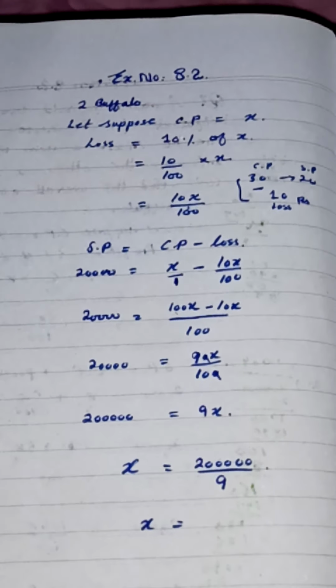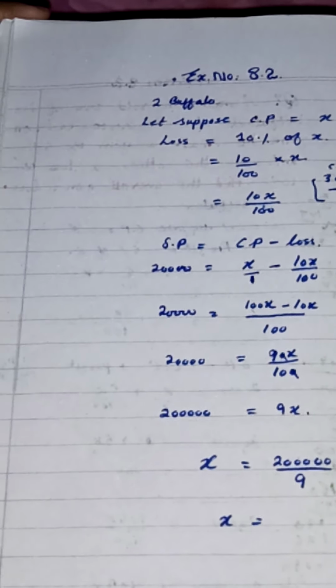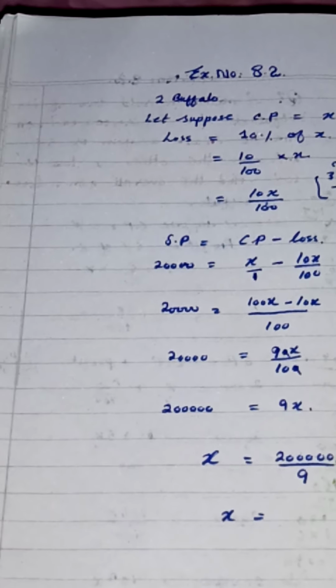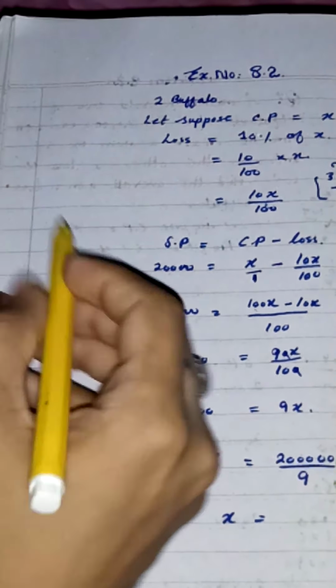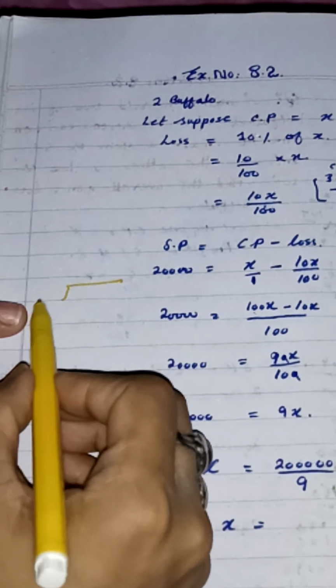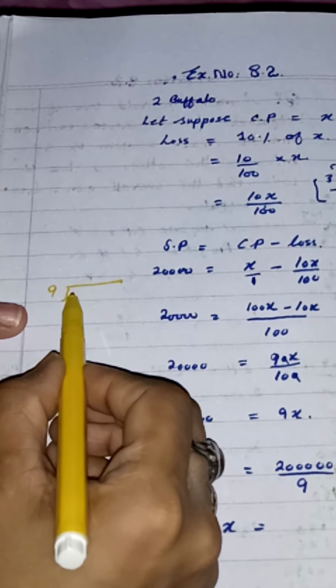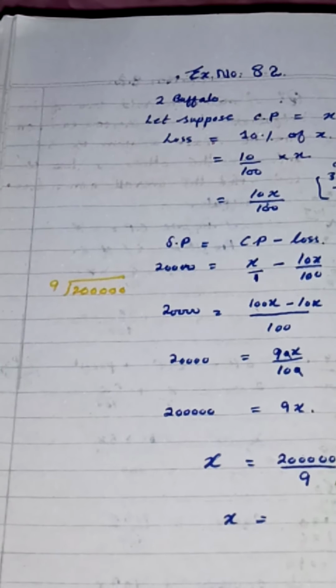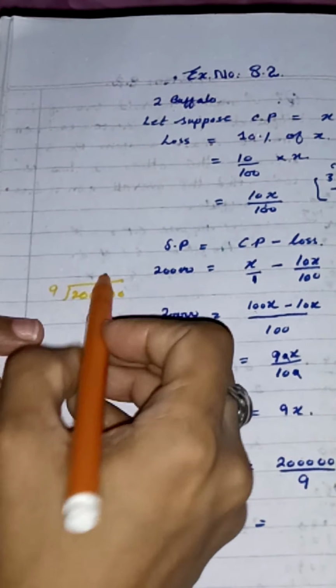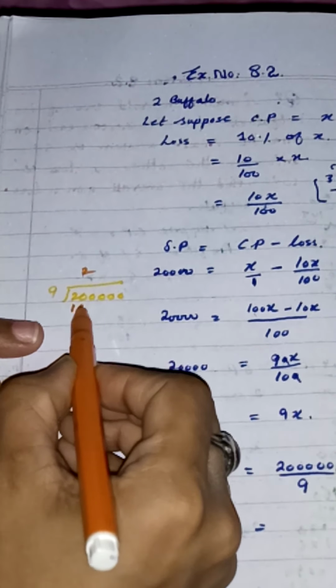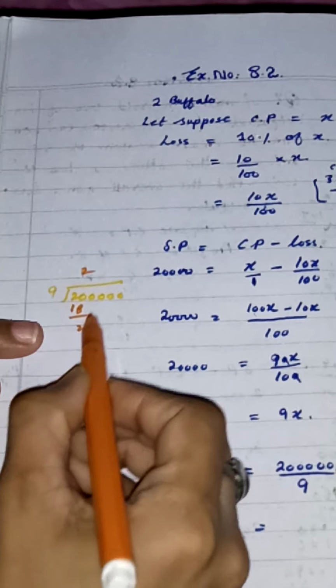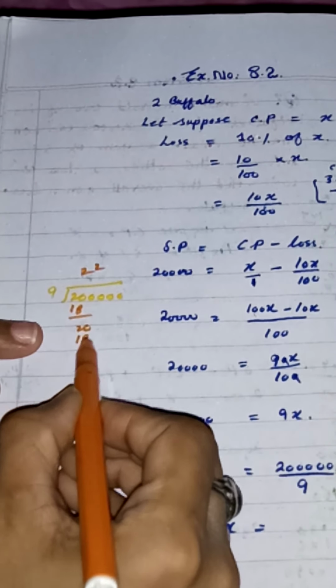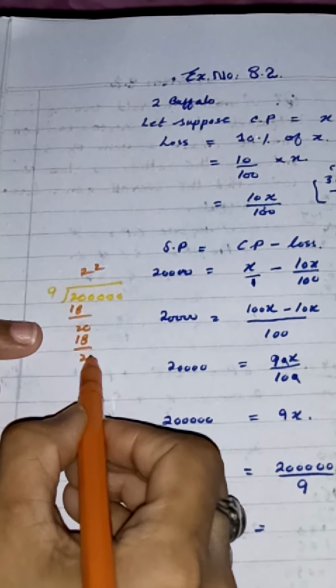Now start the division. 9 into 18 is 2, remainder 0.